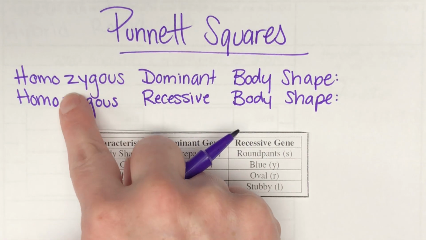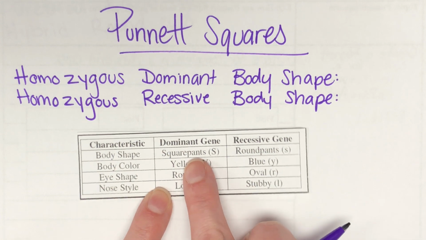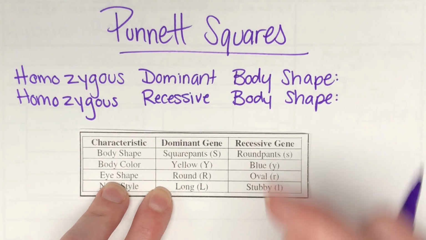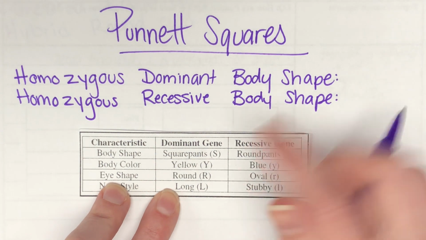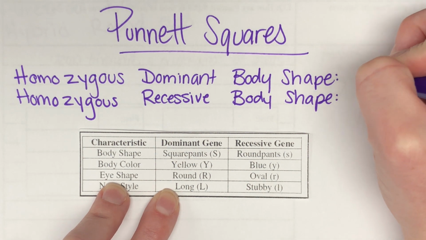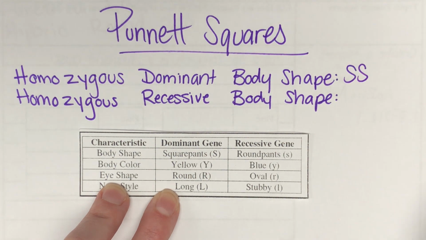So homozygous dominant body shape. So we're going to go to body shape, square pants. So if it's homozygous dominant, homo means same, dominant, that capital letter, that dominant gene, this is going to be big S, big S.